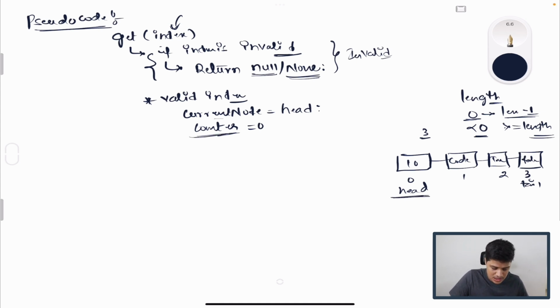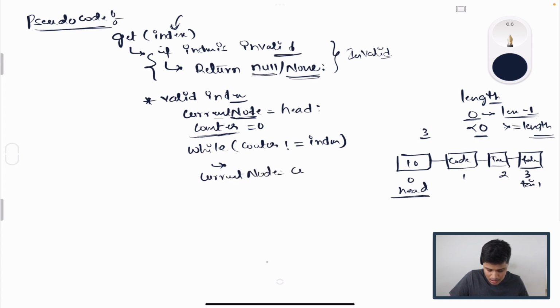Now what I will do is, I will simply run a loop while this counter is not equal to the index that user has given. That means that I am not at the index that user has passed. Inside this while loop, we have the node reference. On the node we have the next available, right? So we will simply update the current node variable with current node dot next.